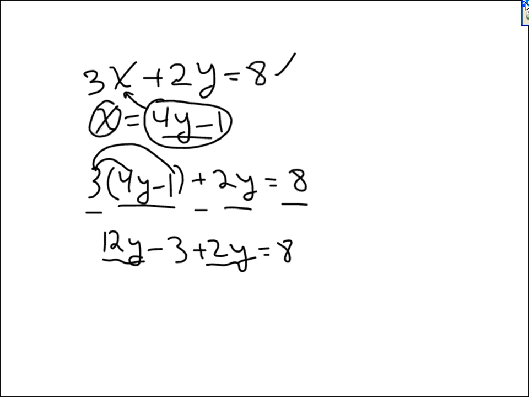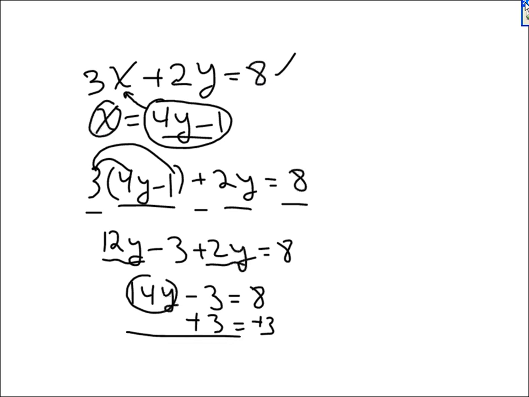Well, 12y plus 2y is 14y minus 3 is 8. So this must be 11. After all, if you add 3, you'll get 11. 11 minus 3 is 8. So 14y is 11.